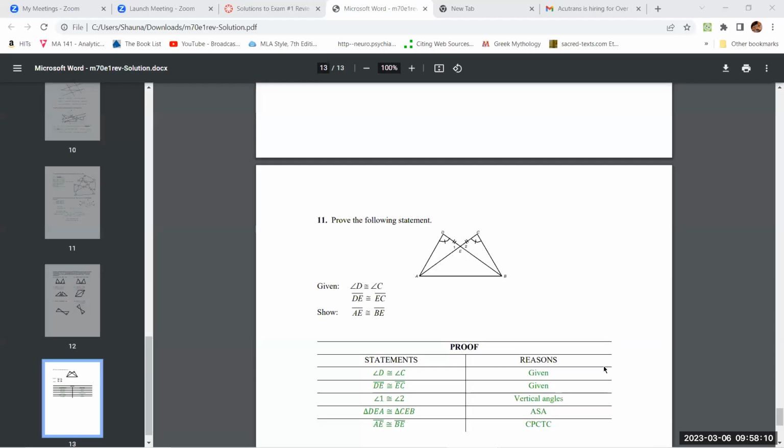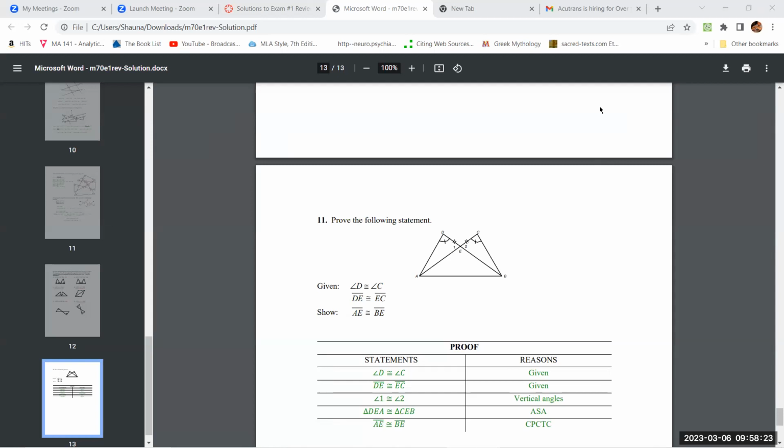Not on the one that we're working on, we used angle side angle. You can use corresponding parts of congruent triangles are congruent, but we're trying to prove the triangles congruent. You use corresponding parts when you already have triangles congruent to each other.